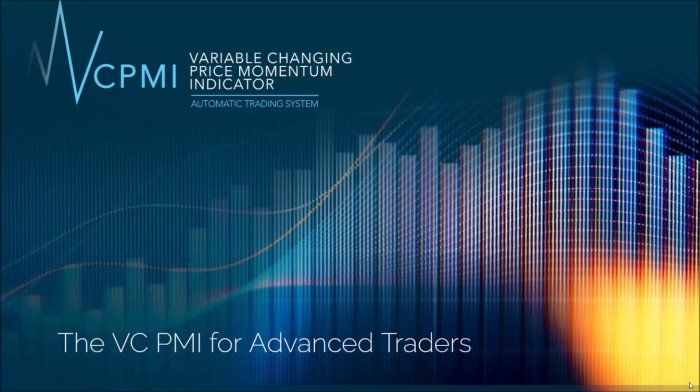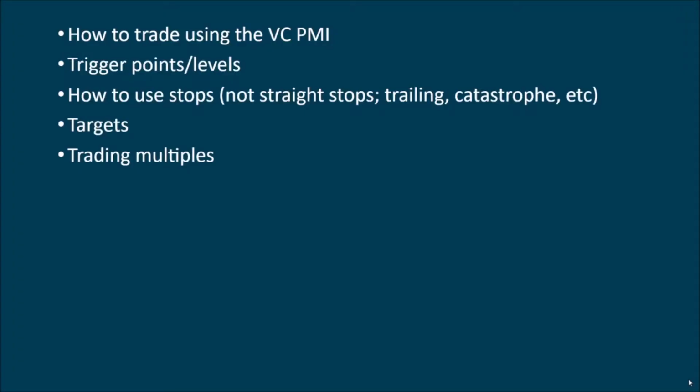We're going to take a look at how to trade using the VCPMI, the trigger point levels, how to use stops, not straight stops, trailing and catastrophe stops, etc. What the targets are once the signals are activated, and how you can manage the intelligence in order to trade multiples.